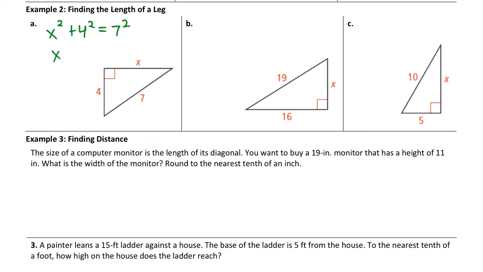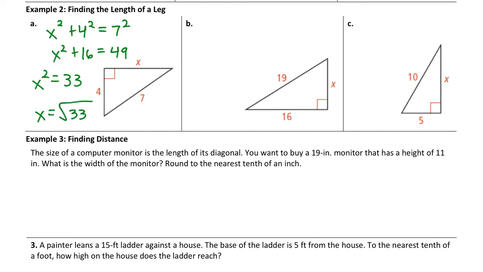So that becomes x squared plus 16 equals 49. Okay, just simplifying. So that's going to be x squared equals 49 minus 16, which is 33. The solution to this, x equals the square root of 33.